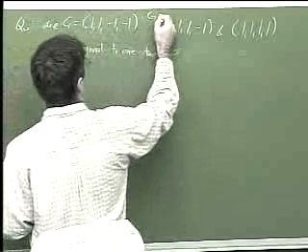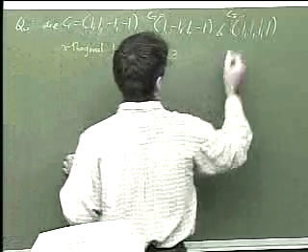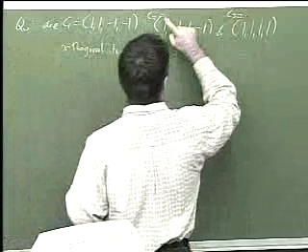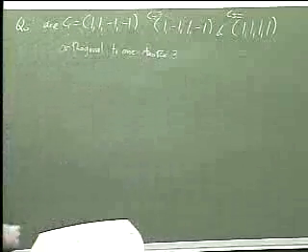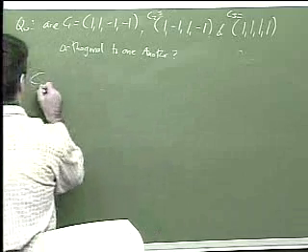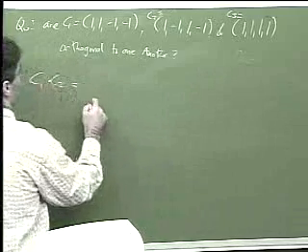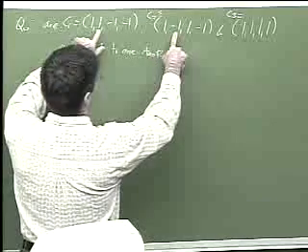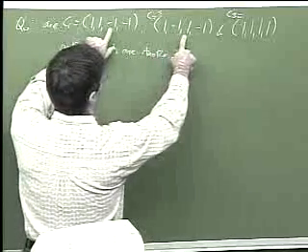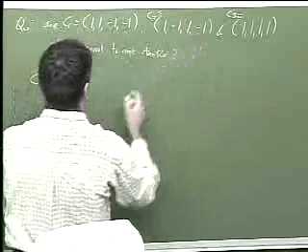So that's C1, C2, C3. Okay? Well, C1 dot C2 is what? It's 1 times 1 plus 1 times minus 1 plus minus 1 times 1 plus minus 1 times minus 1.